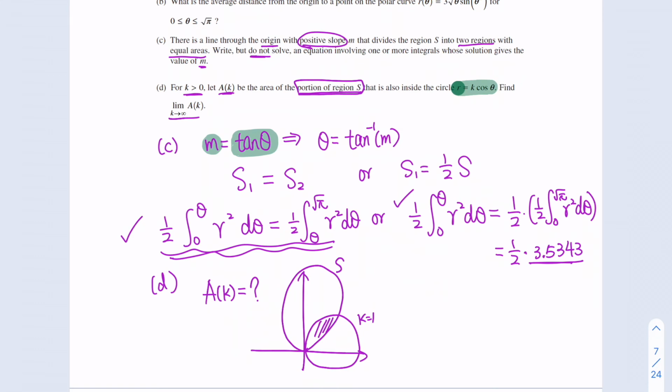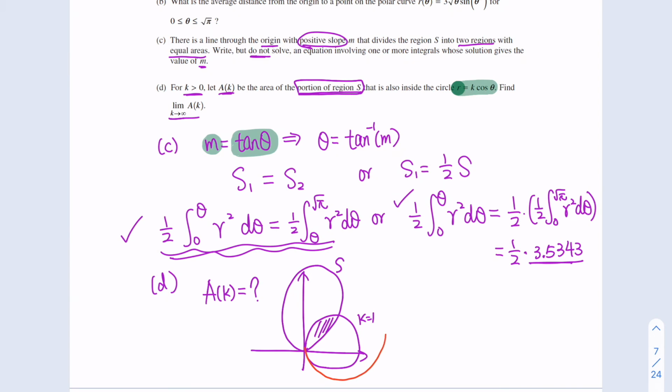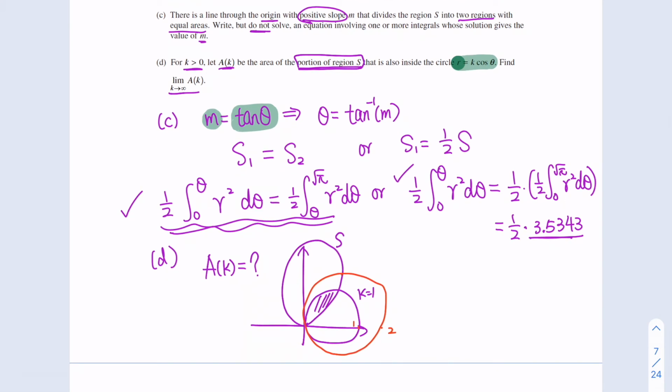And k equals 2, use another color. This is 1, this is 2. My graph is a little bit off. So this is k equals 2. As you can see the pattern, as k increases, your point of intersection gets closer, and as k goes to infinity, the point of intersection will be at pi over 2.